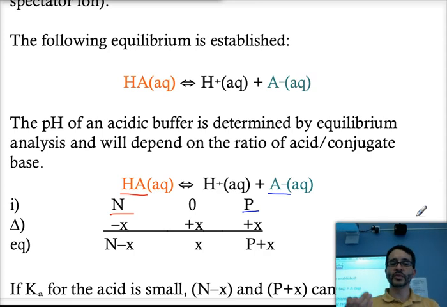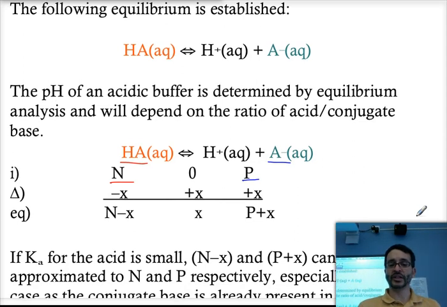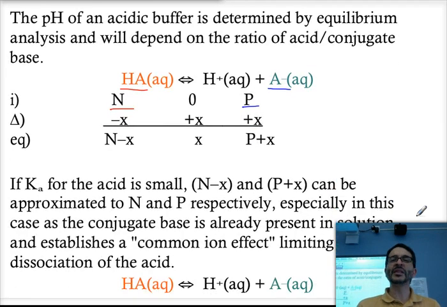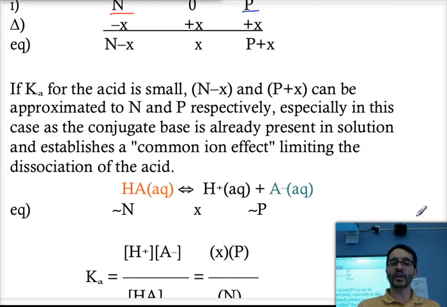In most cases, because we are working with weak acids, the value of Ka is going to be very small, and therefore the values of N minus x and P plus x are going to be approximated to N and P respectively. All right, so that simplifies what we're going to be writing, and we can write our equation.